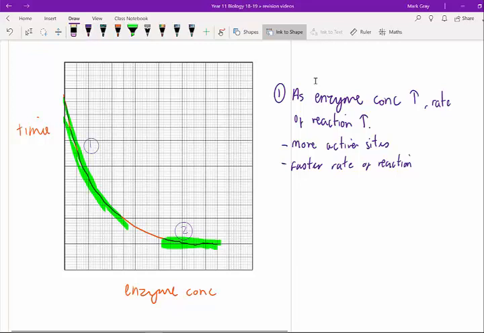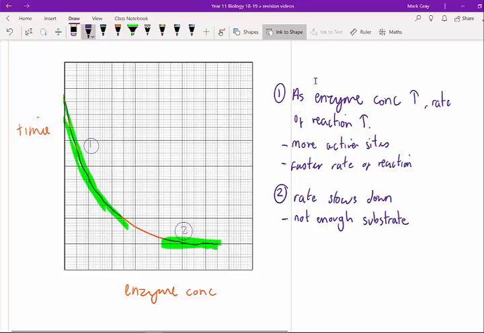Now, at 2, the rate slows down, and that is because even though we're increasing enzyme concentration, there is not enough substrate.